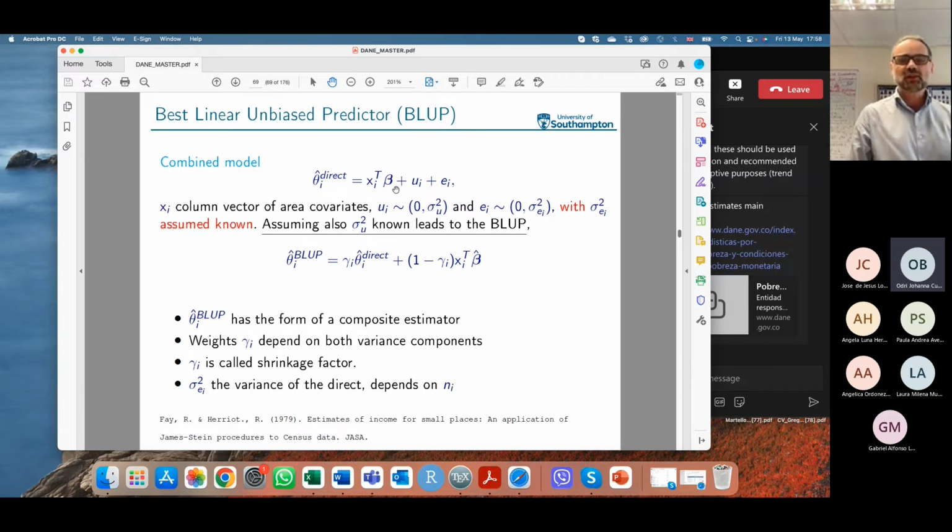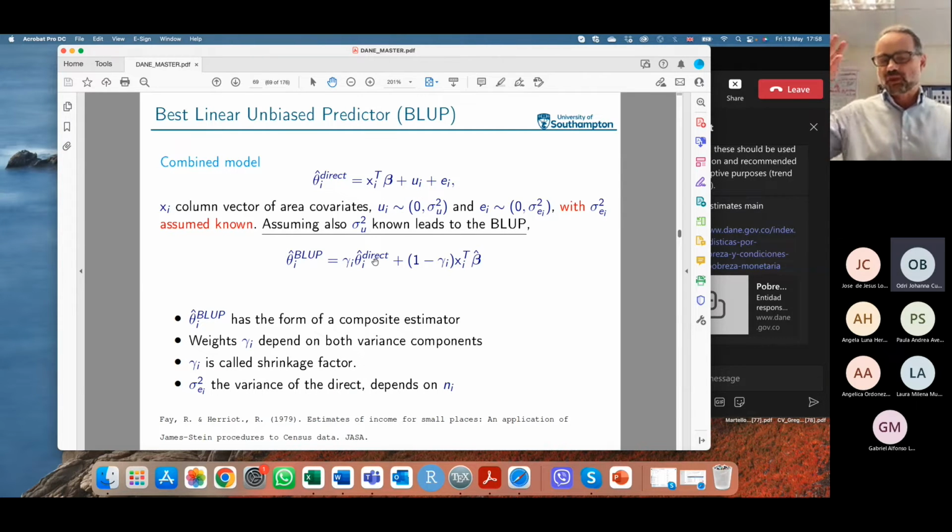That leads us to something very important for small area estimation, which is called the best linear unbiased predictor, which we're going to abbreviate as BLUP.